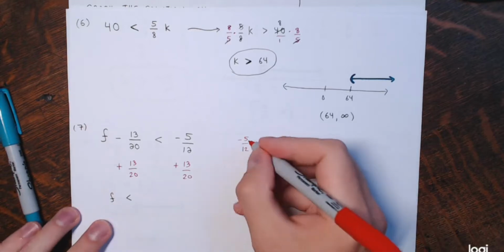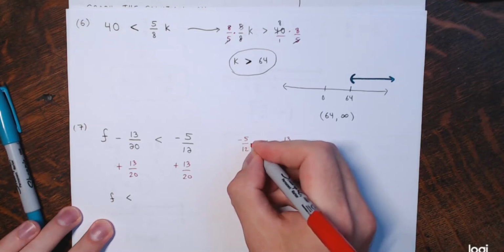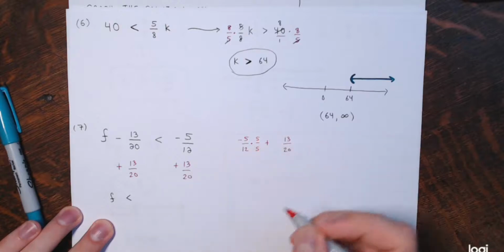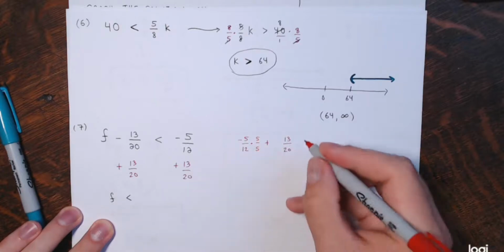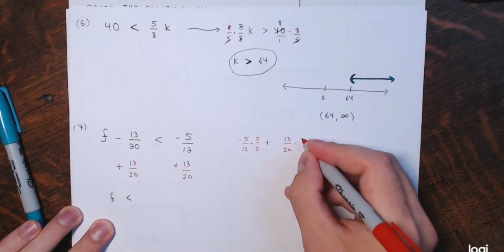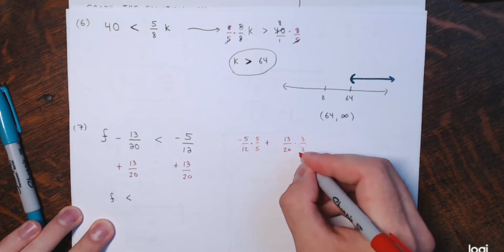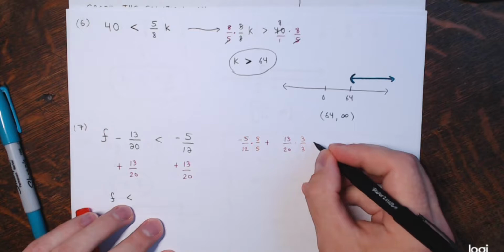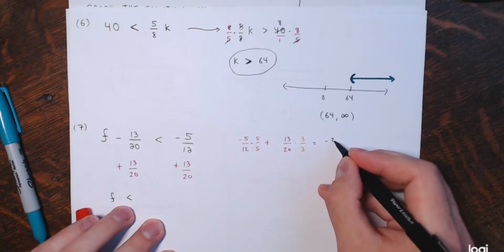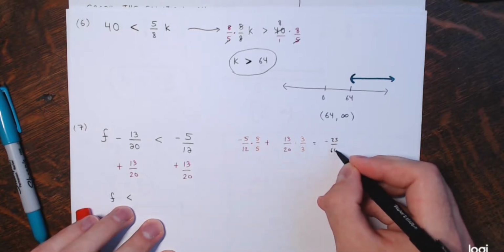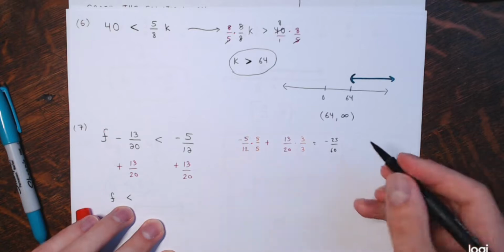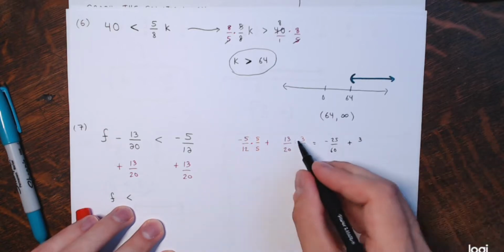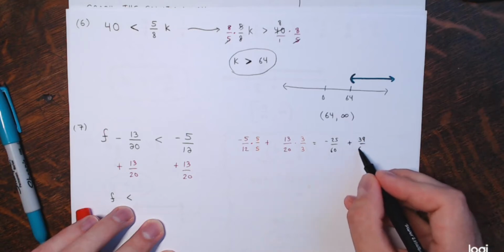I could multiply the negative 5/12 here by 5 over 5 to get a denominator of 60, and multiply the 13/20 by 3 over 3 to get a denominator of 60. Right? And so we'd have here, negative 25/60, that's the negative 5/12, plus, and then 39, right, 3 times 13, 39/60.